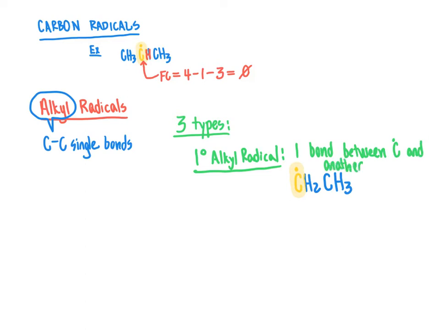That doesn't imply that this molecule can have just 2 carbon atoms in total. It could certainly have far more than 2 carbon atoms. What it implies is that the particular carbon atom that has the radical on it is directly bonded to only 1 other carbon atom. For example, we could have a long chain of carbon atoms, and the carbon on the far left that is our radical carbon would still be a primary carbon radical because it's only directly bonded to 1 other carbon atom.